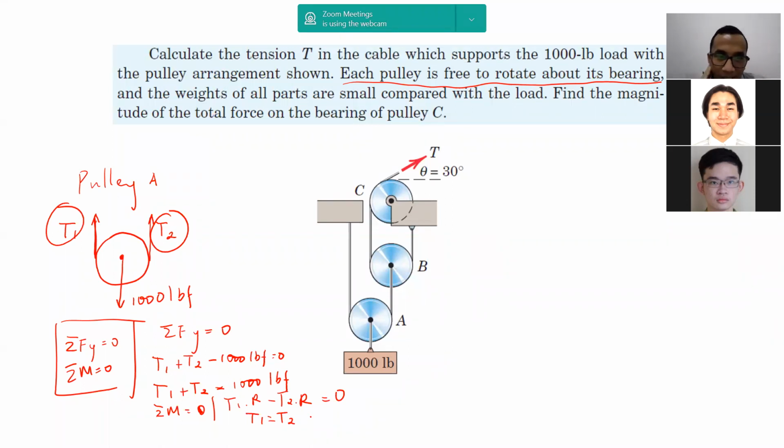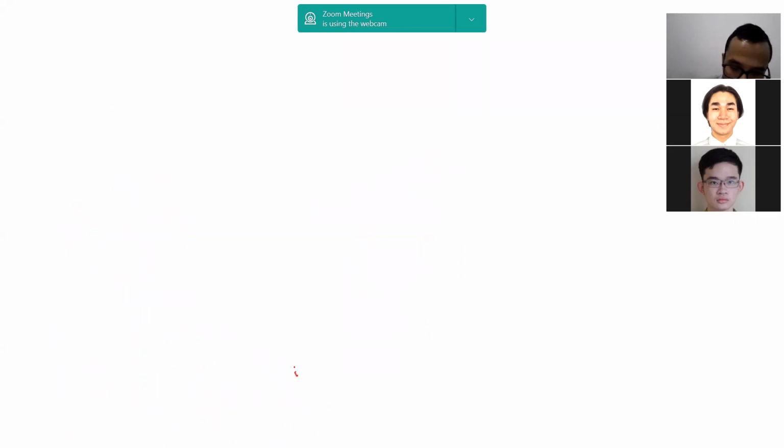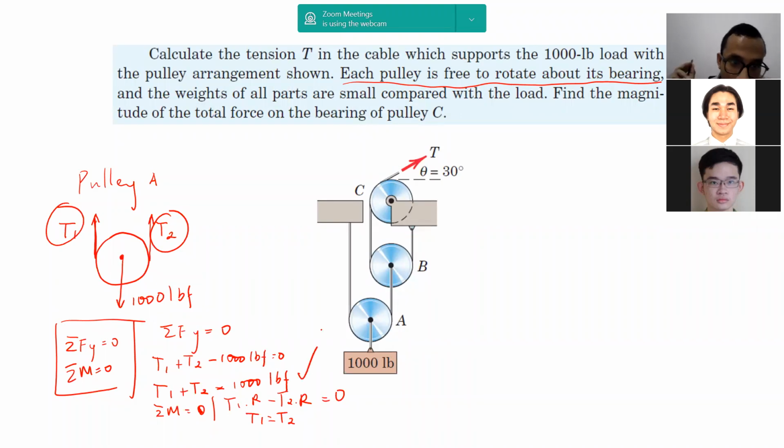Then, can we find out the value of T1 and T2, Mario? Yes. Using this equation, we will be able to find out because T1 is equal to T2. So 2T1 equal to 1000 lbf, right?